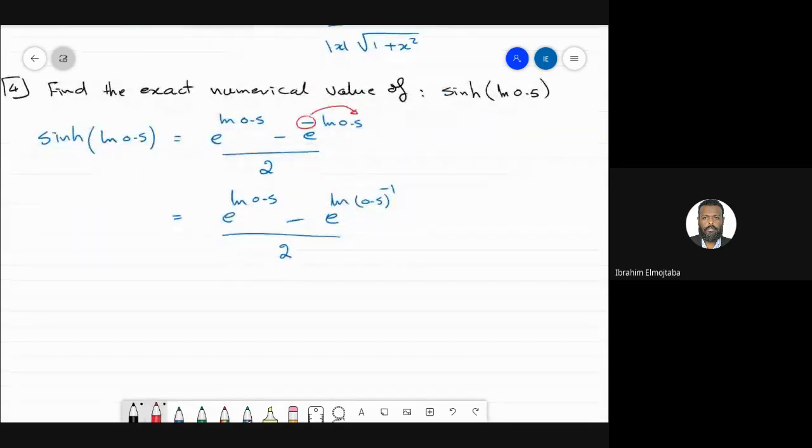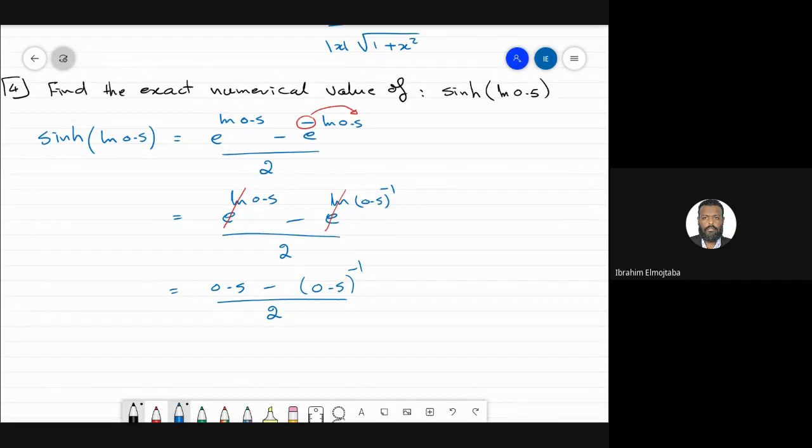Because when we have e and ln in this form, they can cancel each other. With the negative sign we would have a problem, but in this case they can cancel because each is the inverse of the other. And then we should have 0.5 minus 0.5 to the power minus 1 over 2.